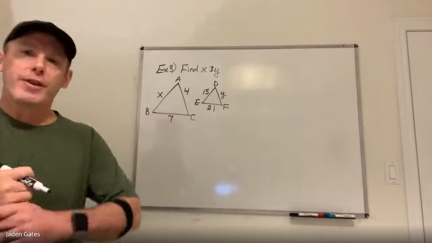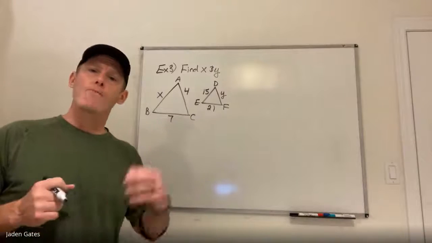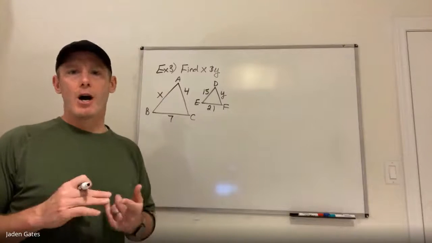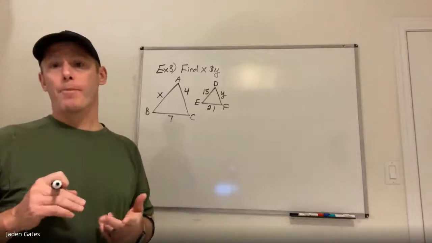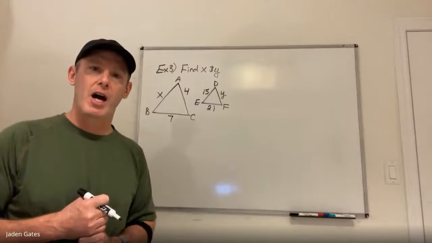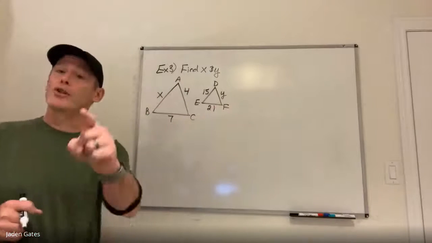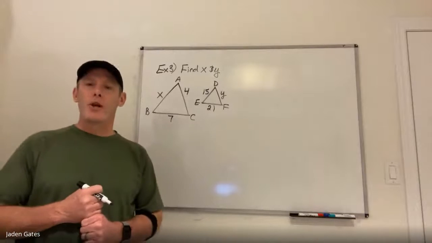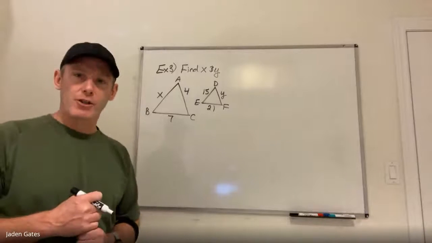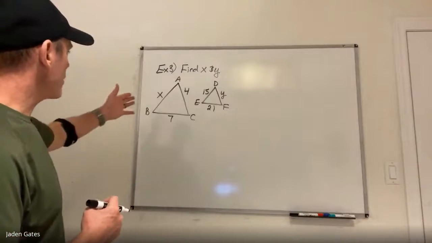So I know I don't know anything about the angles, and I don't know anything about the areas. So I'm not going to use property 1 and property 3, right? I don't know anything about those. But property number 2 is all about the sides. Now, if these triangles are similar, which I said they are, it means the ratio of matching sides are equal. I'm going to try to solve for x first.